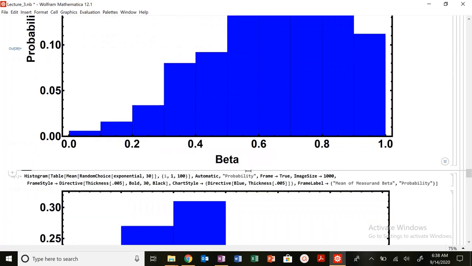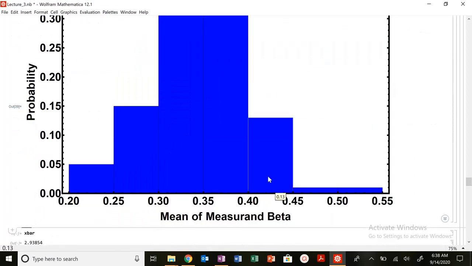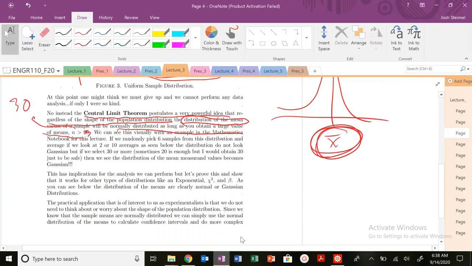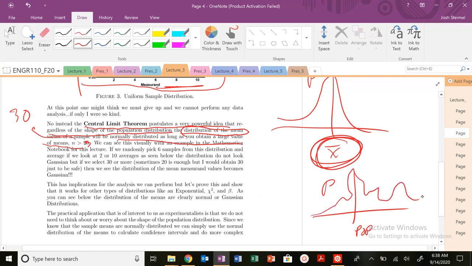Very different from a normal distribution, but if I plot the means, they are normally distributed again. So you see, this is the power of the central limit theorem. Regardless of my population, if I look at the probability distribution of my population, it could look like this.